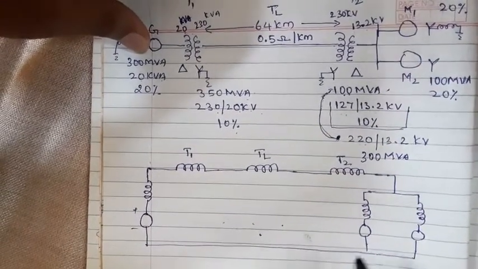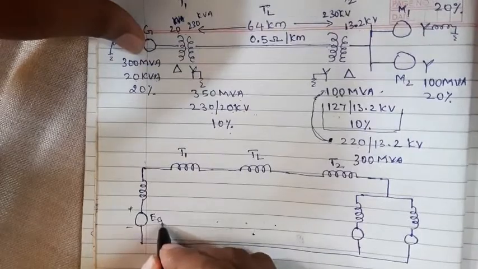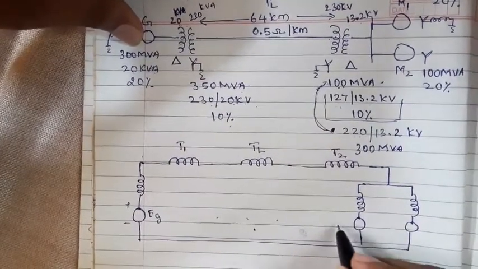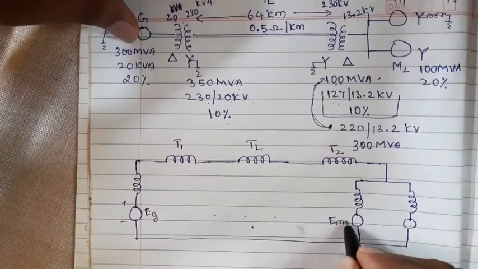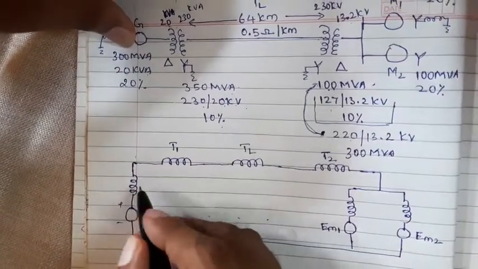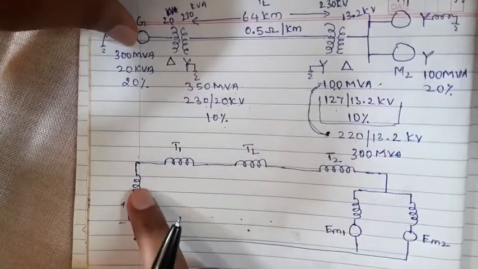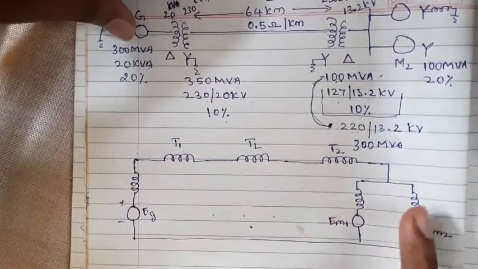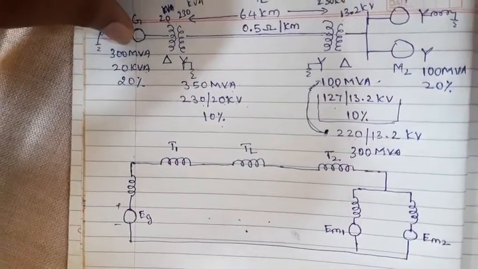So this is EG for the generator, and these are the motors, EM1 and EM2. Now we have to find the values of each of these.